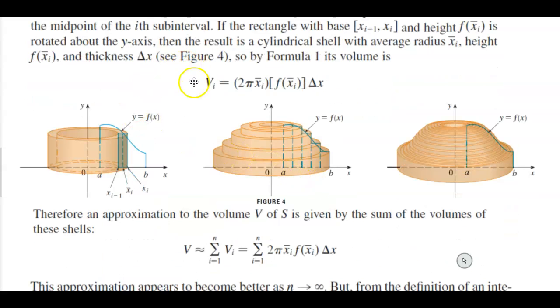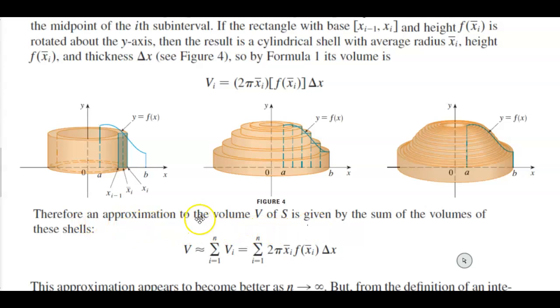In figure 4, this shows the step from one situation to the next. Here we have our graph, then we cut it into those subintervals to eventually get this particular solid.